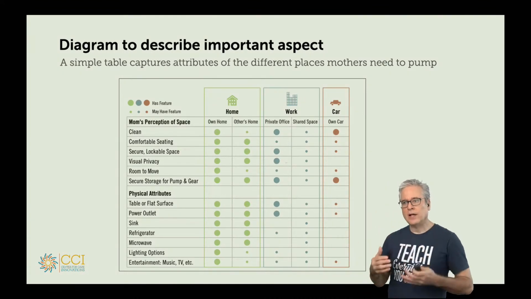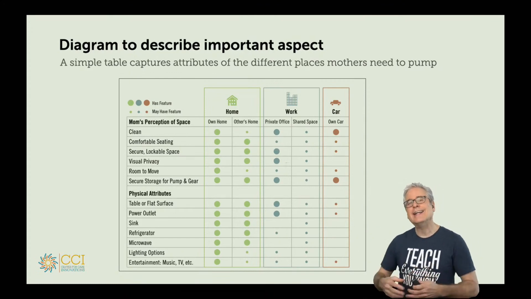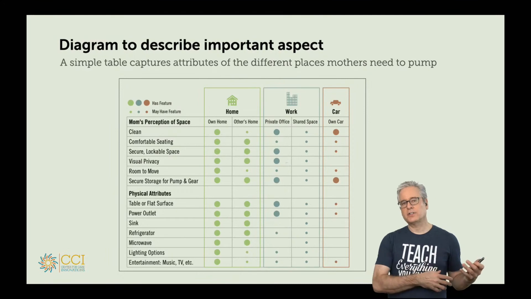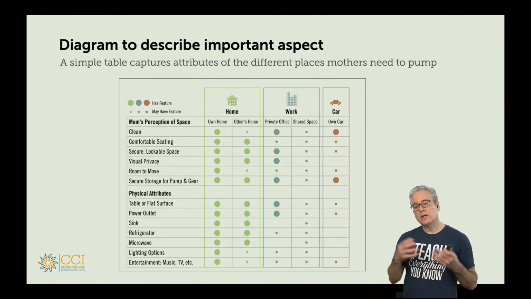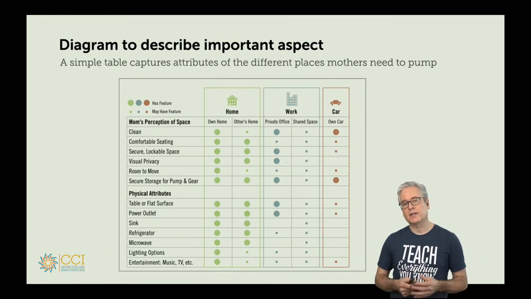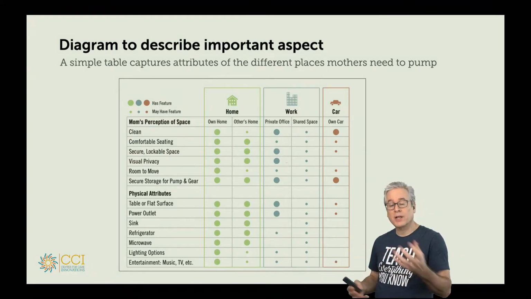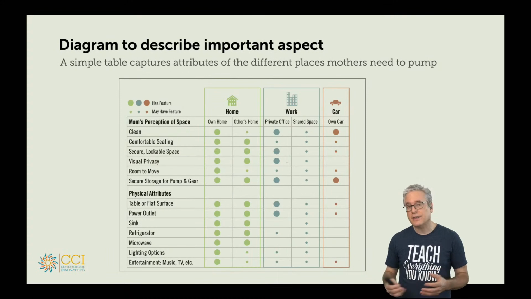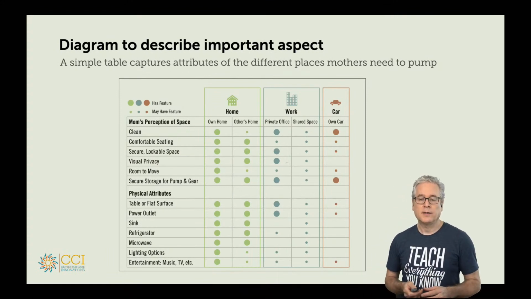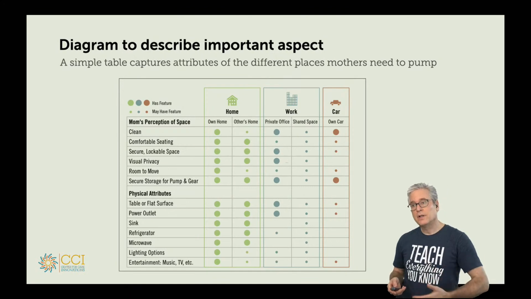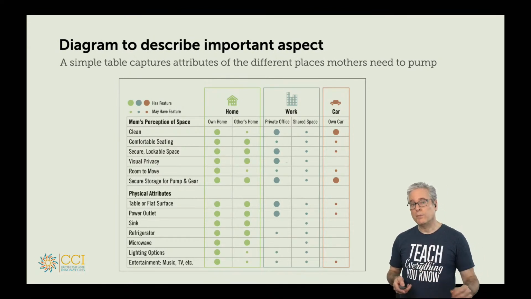But it really outlines the different things that matter in an environment. Remember I said places matter in our research elements. So here, place is a very specific thing because women have to pump at work, in the car. Sometimes if they don't accommodate them at work, they go out to their car in the parking lot. It's crazy. So these are other diagrams that we bring into this framing to help the design team understand what matters.